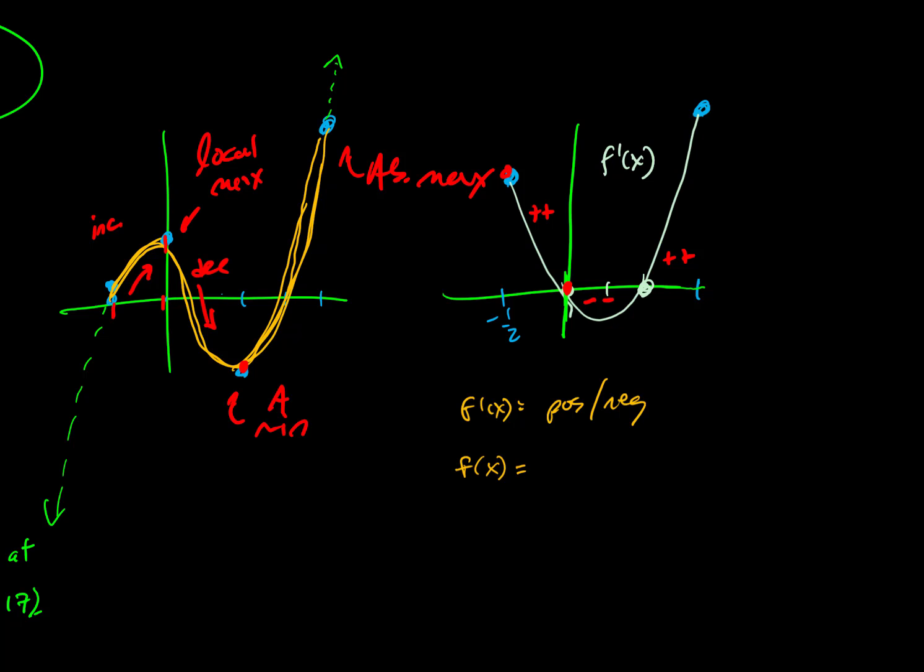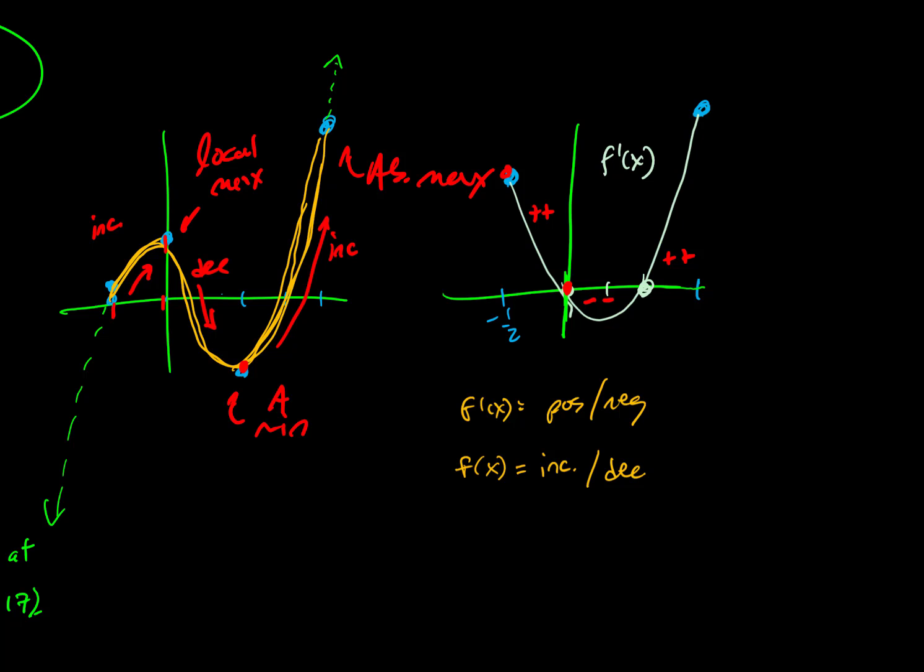And then from 2 onward, we limited ourselves to 4, I'm going up again. I'm increasing. So when the derivative was above the x-axis, my original function was going up. And when my derivative was below the x-axis, my original function was decreasing.